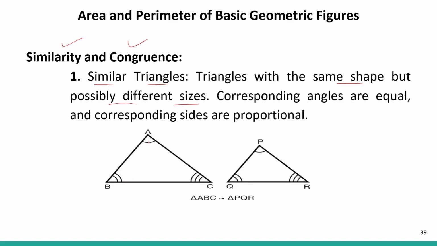If this angle is equal to this angle, this angle is equal to this angle, and this angle is equal to this angle, then we say that ABC is similar to PQR. The corresponding angles are equal and the corresponding sides are proportional.